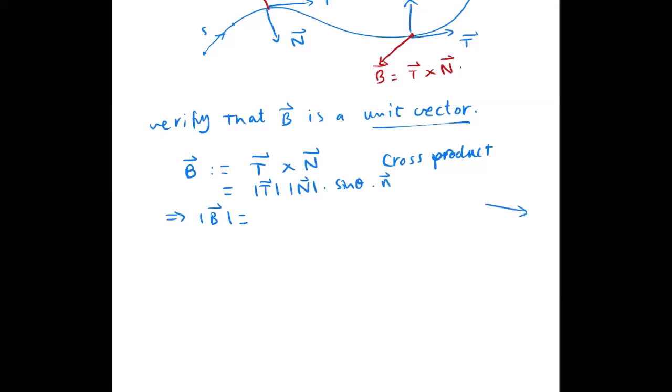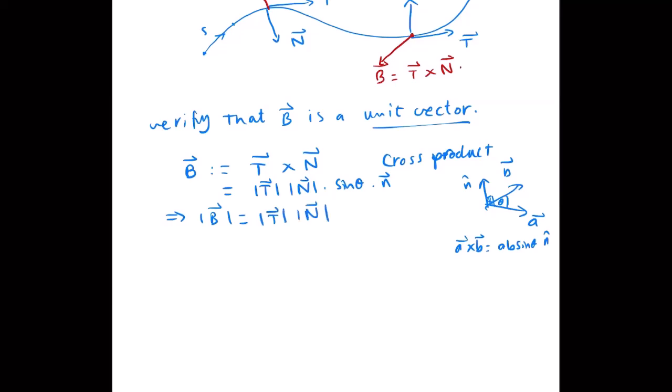So when we have vector A and vector B, and we have an angle in between, theta, the cross product A cross B has magnitude A, B, sine theta, in the direction of the unit vector normal to both of them, normal to their plane in space. You studied this before. So the magnitude is the magnitude of T, magnitude of N, sine the angle in between.